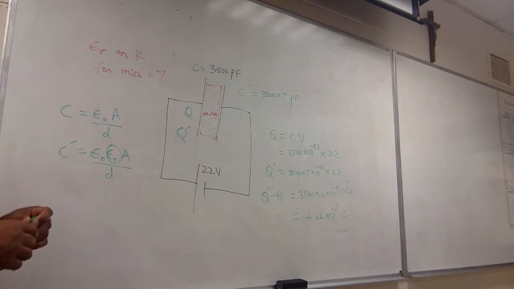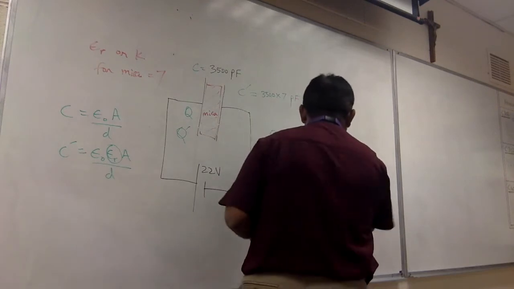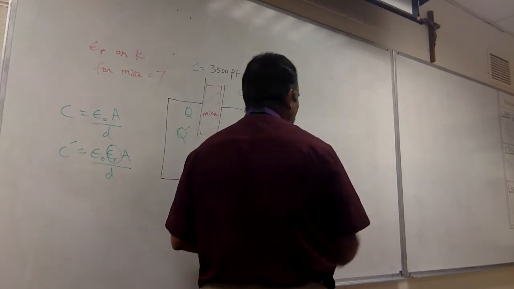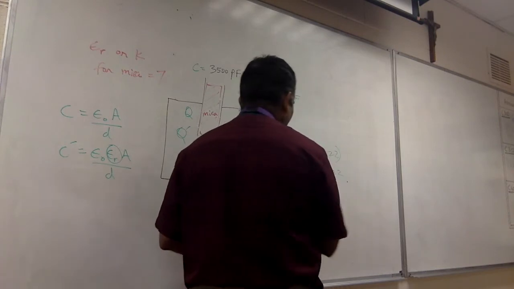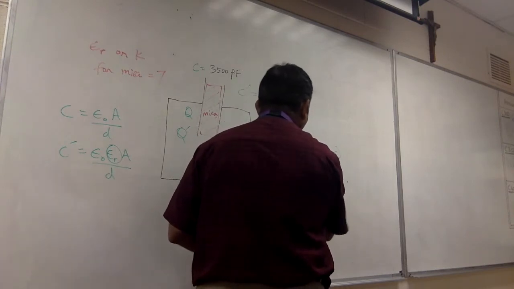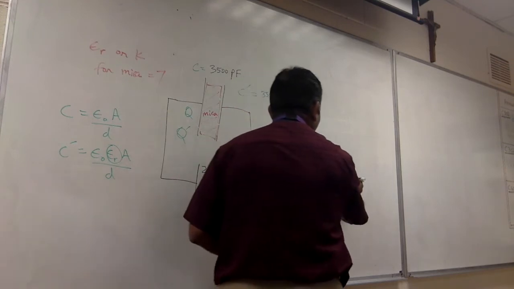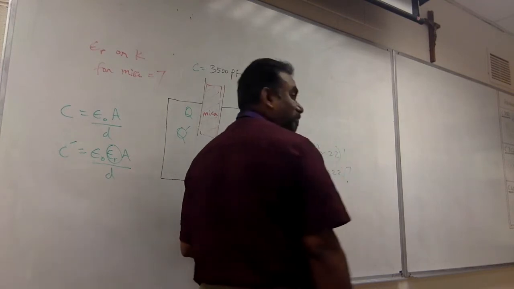Yes, Jared. I'm confused about where the 6 came from. Okay, I'll show you that. Instead of doing this and doing this, what I did was this. Can you see this whole thing here? If I pull the 7 out, probably you'll understand. This is times 7, and this is times 1.